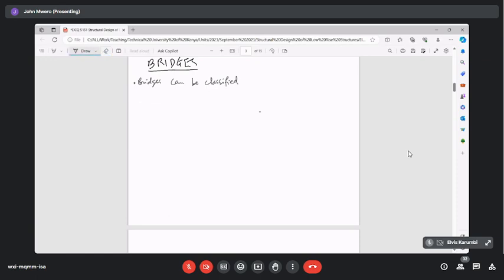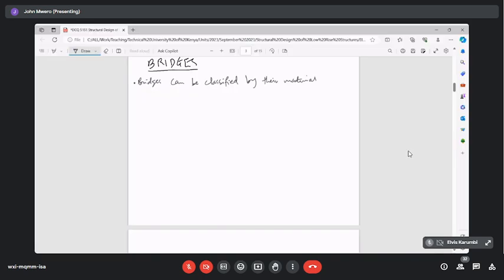Sorry. I think this pad is getting old. But their material of construction or structural system.